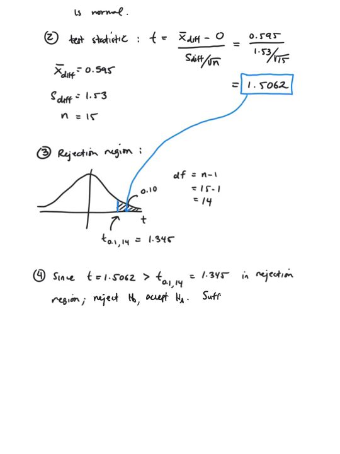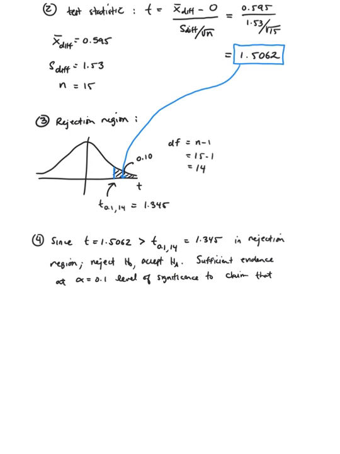And I would say that there is sufficient evidence at alpha equals 0.1 level of significance to claim that males overreport their height.